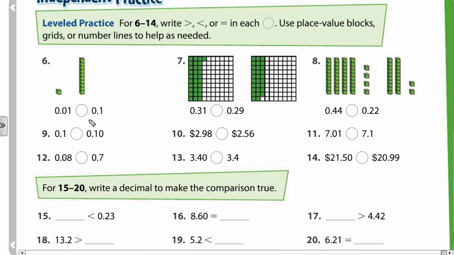Yes. Right. Less than. Excellent. So 1/100th is less than 1/10. We have a picture here, and we can see using the blocks, the place value blocks, we can say that 1/100th is less than 1/10. Thank you, Saleh. Great work.